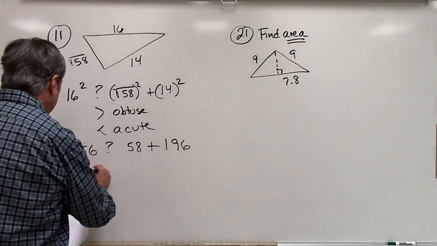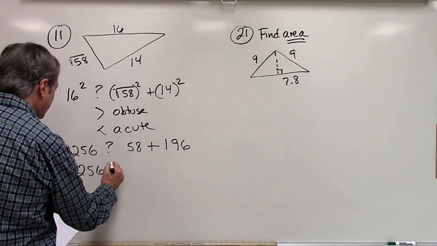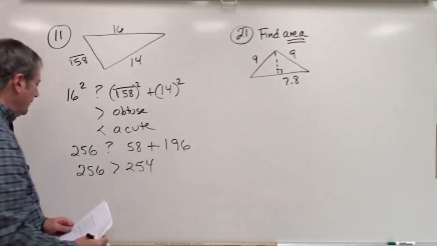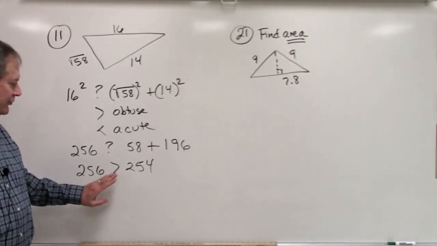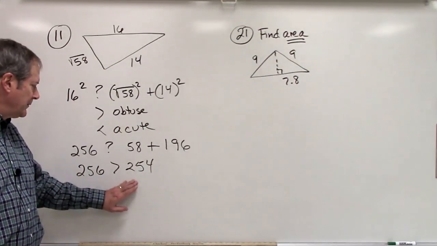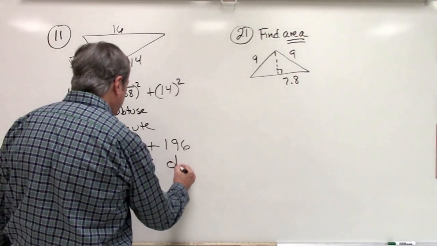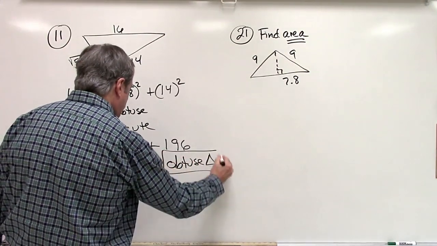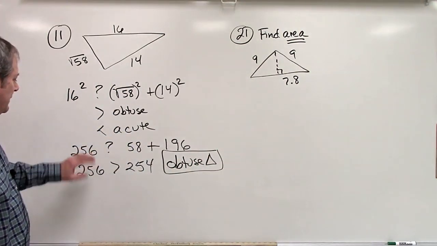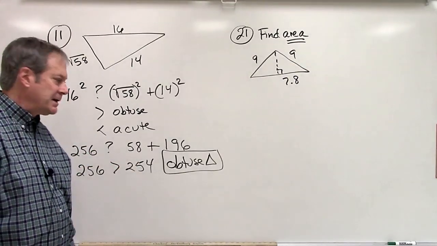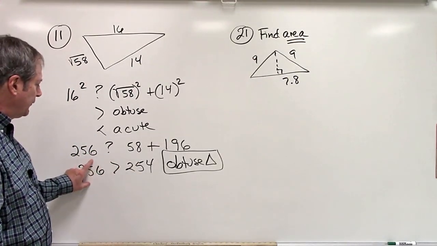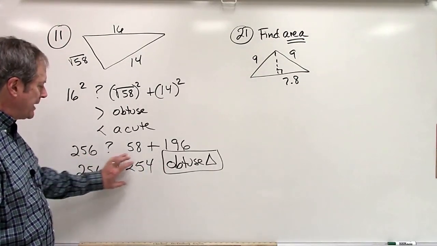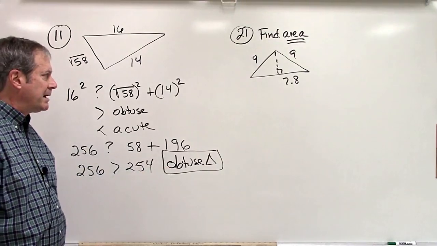So 58 plus 196 turns out to be 254. So the number 256, since it's greater than the number 254, that means this is an obtuse triangle. So again, real quickly, if it equaled each other, it would be a right triangle. If this was smaller than that, it would be acute. But since the left side is greater than that, it will be obtuse.